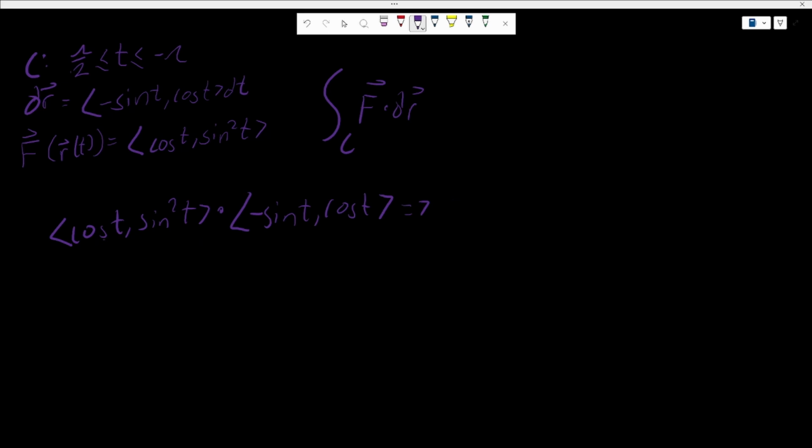We just multiply our cosine and our negative sine, which is negative sine t cosine t, plus our sine squared t times the cosine t. Let's factor out our cosine. Then on the inside, we're left with negative sine t plus sine squared t.